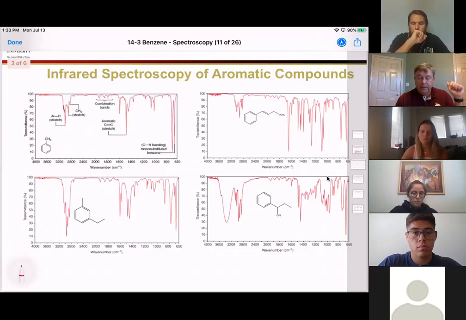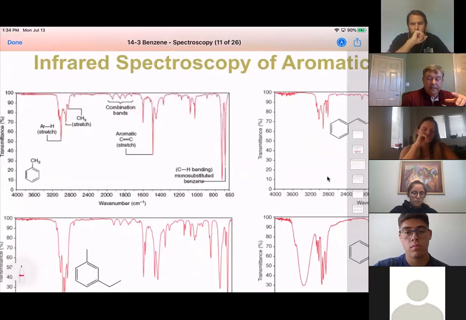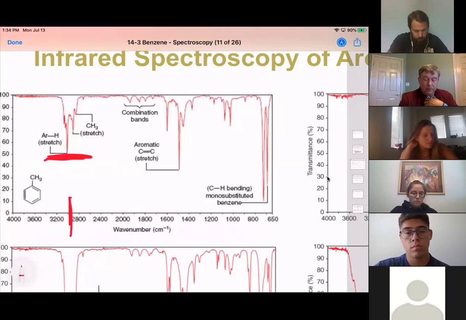Okay, so if we want to look at the IR and look at some aromatic compounds, we'll see that the absorption for the aromatic hydrogens is actually fairly about mid. It's not really strong. It's not as strong as a carbonyl or anything like that, but we do see it show up right here above the 3,000 wave number mark.